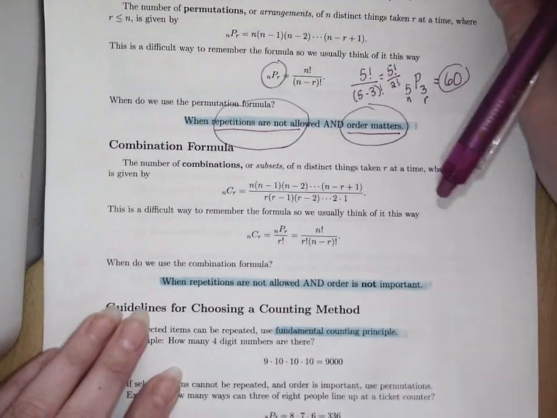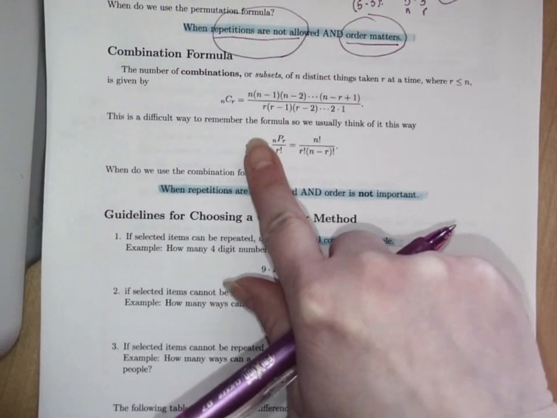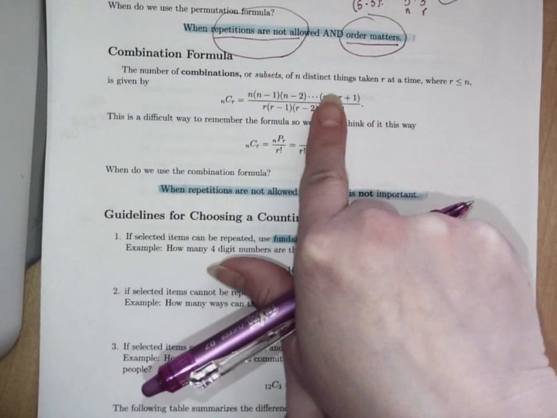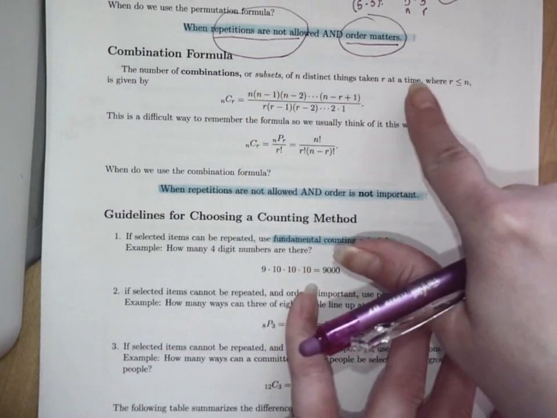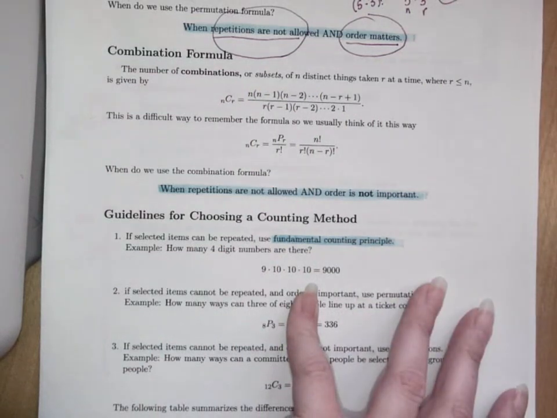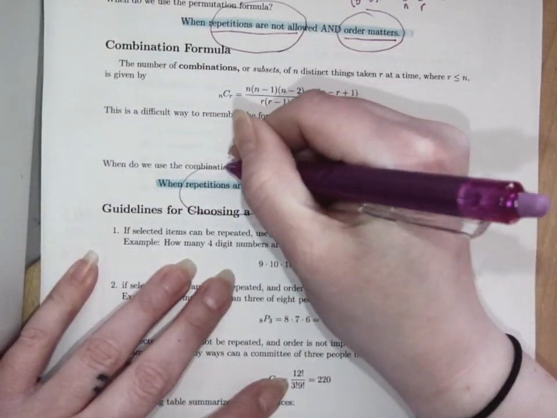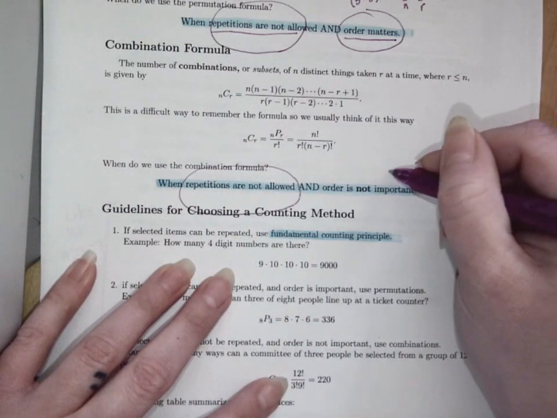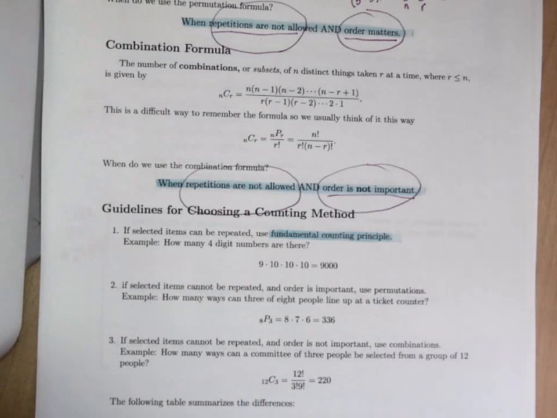For combinations, you're going to do the same kind of thing here, except your formula is a little bit different. Combinations are subsets of n distinct items taken r at a time. So, with combinations, repetitions are still not allowed, but the order is not important. So, for instance, if I'm making a committee or a group of people, I'm going to have the same members of my committee.